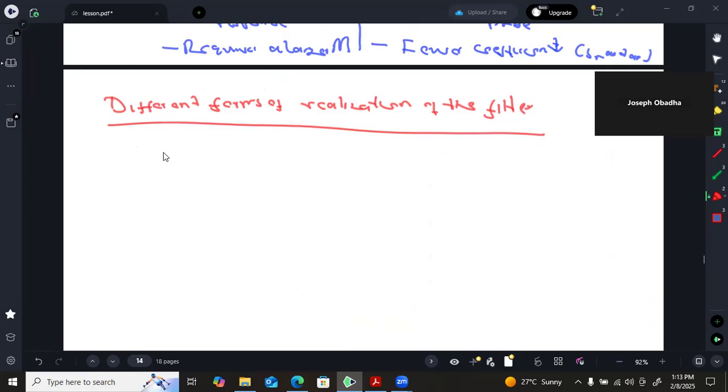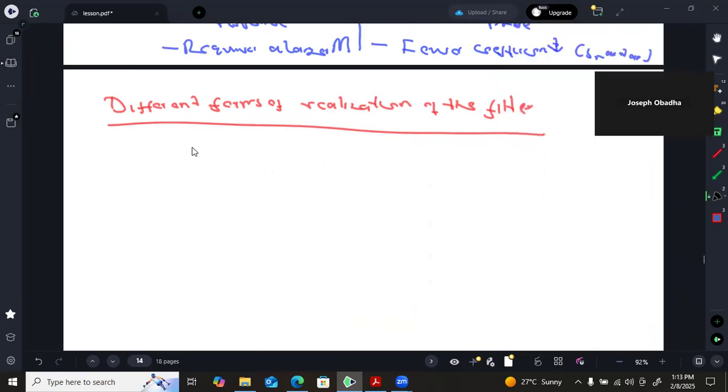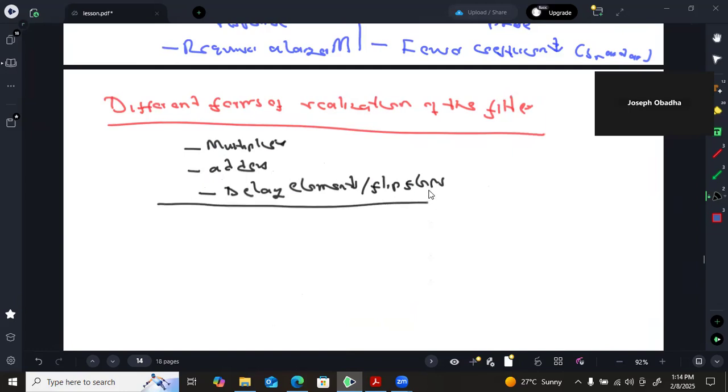Okay, so I've explained that when we are realizing filters, we need multipliers, adders, and delay elements, which may be in the form of flip-flops. Then you'll be able to realize the filters.